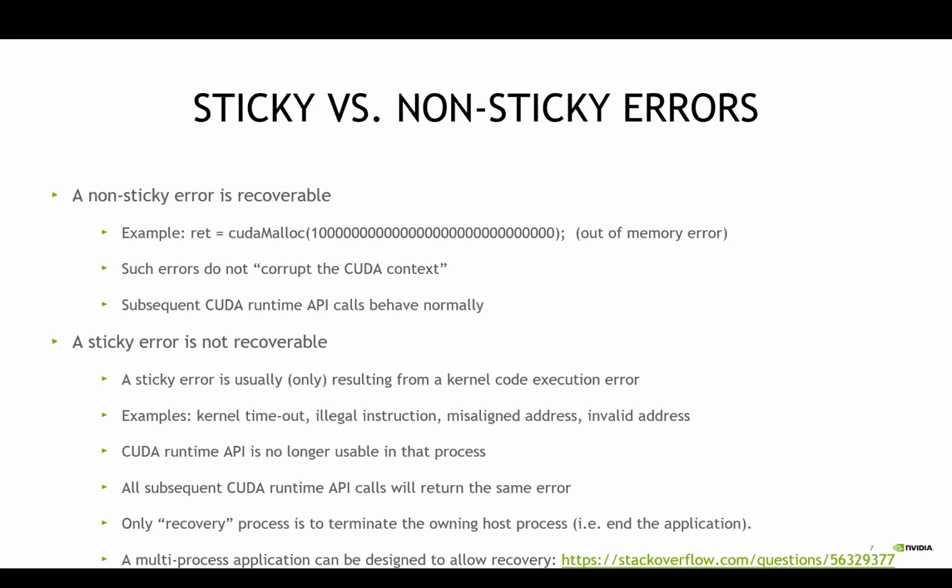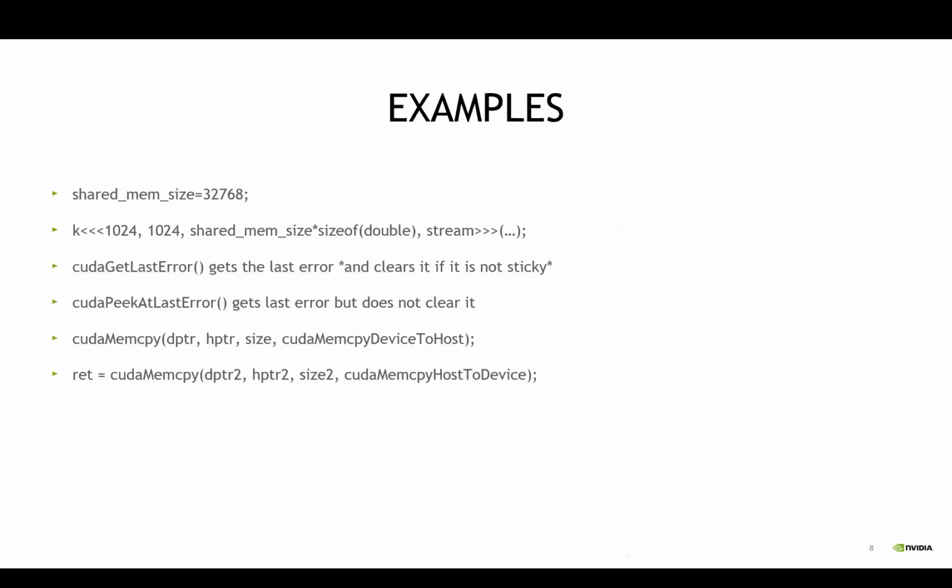It won't have any of the context or state left over from the previous process, but it doesn't necessarily require the end or termination of the application as a whole if it's a multi-process application. And there's a link there that you can use to discover more about that if you would like. That's very much a minor topic or point.